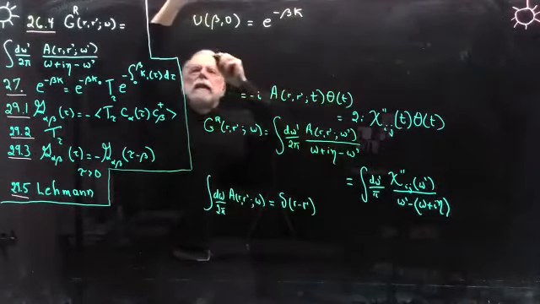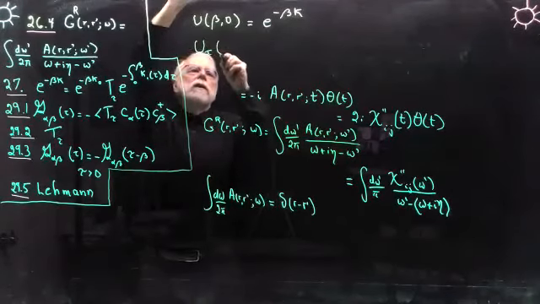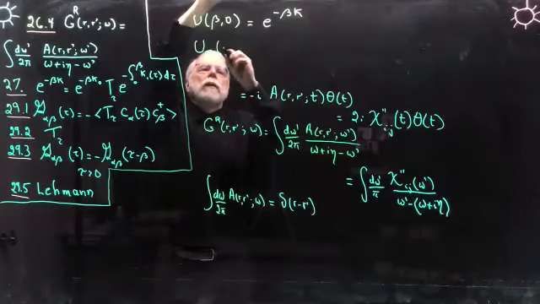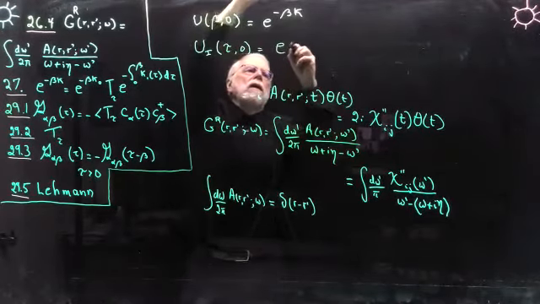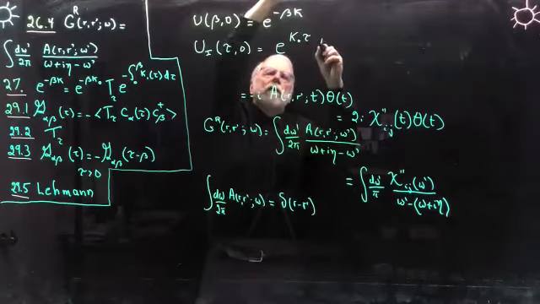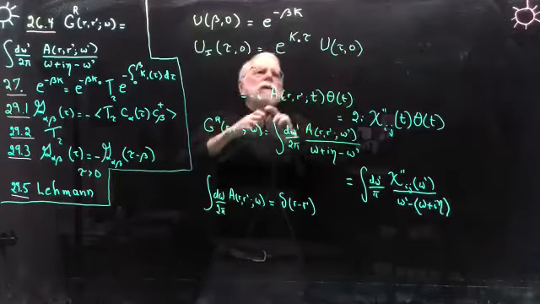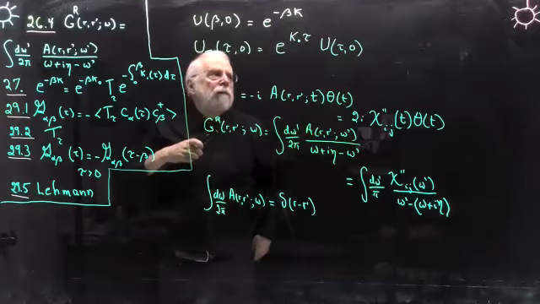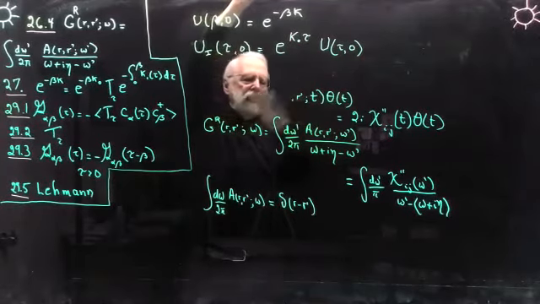So it means that the evolution operator in the interaction representation, instead of beta, will take some arbitrary imaginary time tau. U_I of tau 0 is equal to e to the K0 tau times u of tau 0. Now we'll write an evolution operator for this.